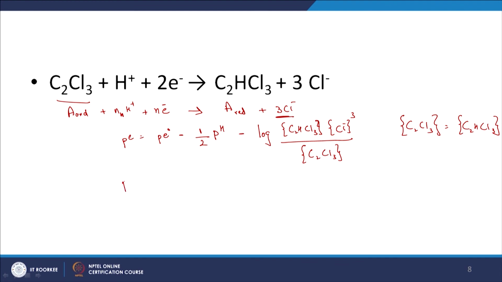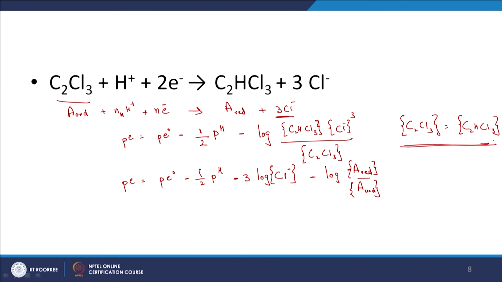So, it is going to be Pe equal to Pe naught minus 1 by 2 pH, and we are going to have minus 3 log Cl minus activity, minus log of the reduced form by the oxidized form. And obviously, when will this particular equation be valid? When Pe is equal to this set of variables.